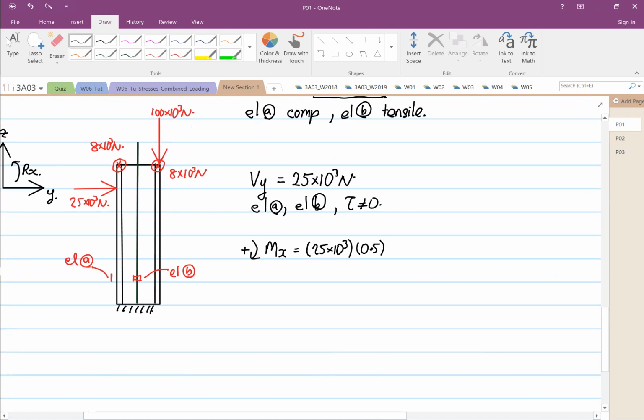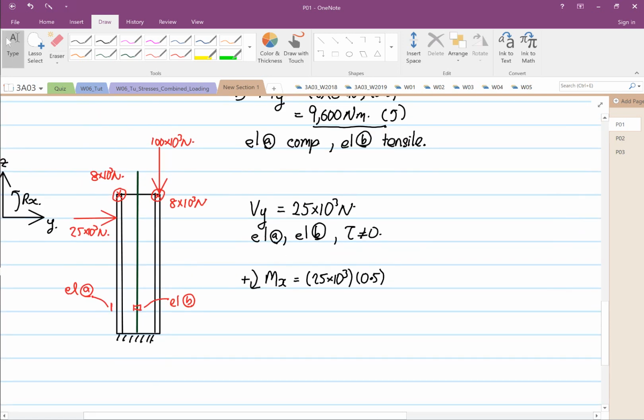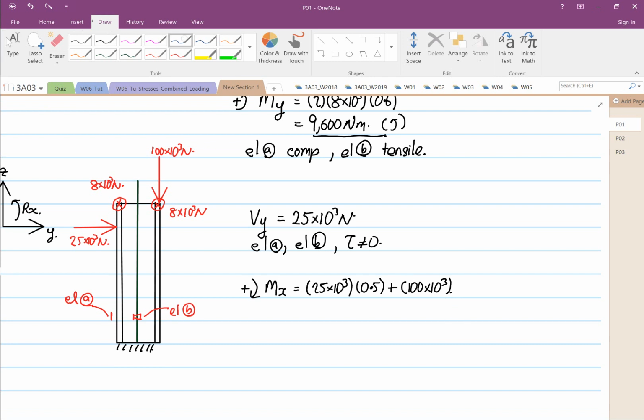The 100 relative to the neutral axis is also, now for this you calculate to the neutral axis, not to element A, because it's force multiplied by perpendicular distance. So from here we're going to plus 100 times 10 to the power 3, and we need to find what this distance now is.